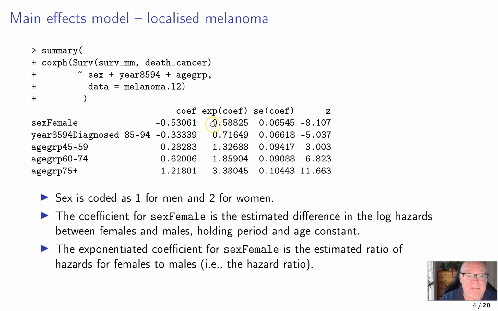And this is assumed to be the same in each and every age group. So females in age group 75 plus are estimated to have a 41% lower mortality than males in the same age group.